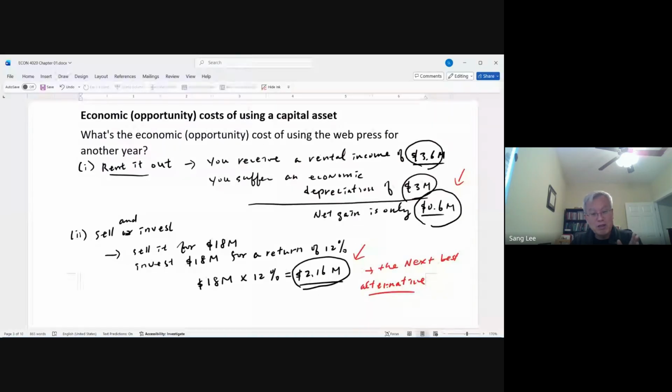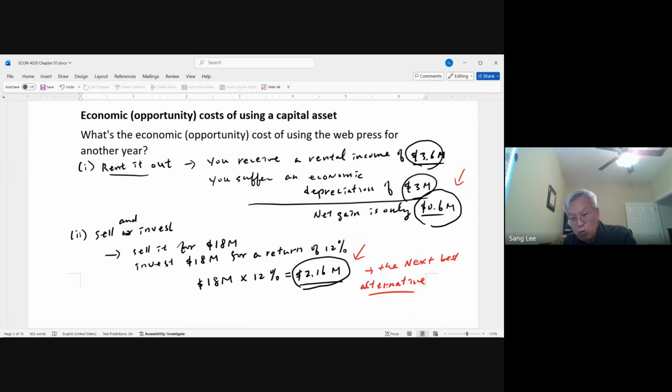But as a decision maker, you evaluate each year. Will I be better off using this web press machine for another year, or should I pursue any other option? So in this case, at this moment, if you decided to use the web press machine for one more year, the best option you give up is what? The second one. Sell the web press machine and invest the $18 million for the return of 12%.